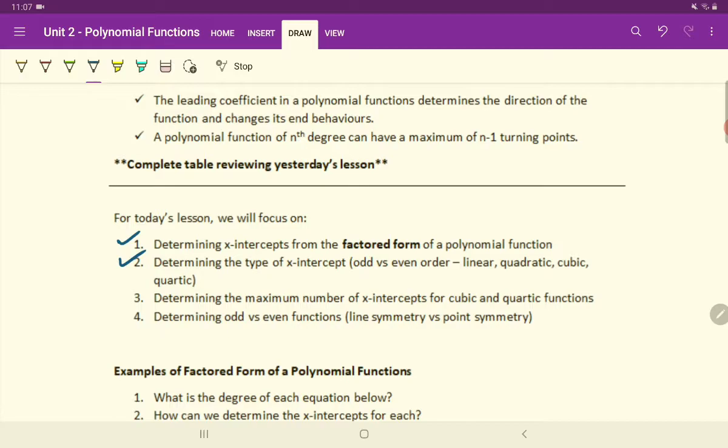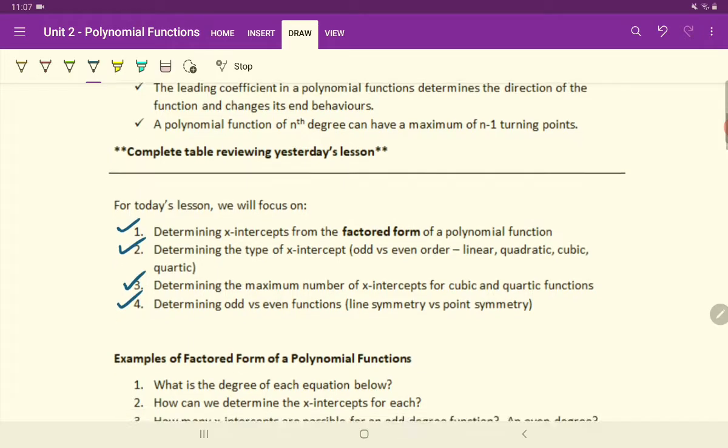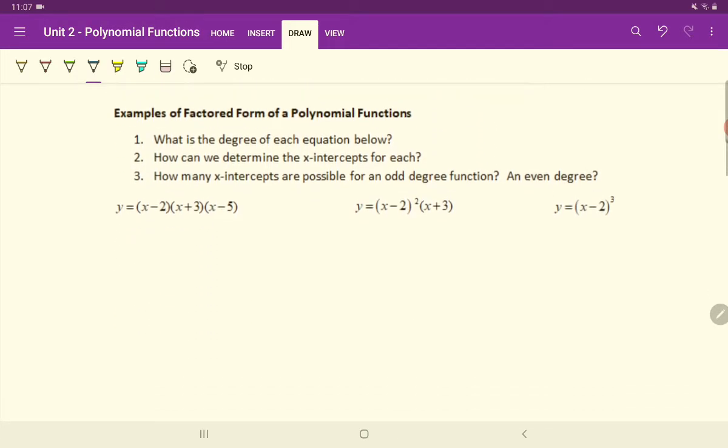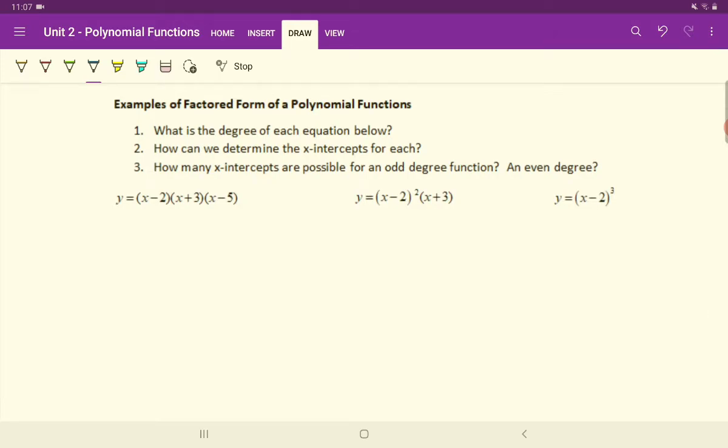We're going to be looking at linear, quadratic, cubic, and quartic functions again. Determining the maximum number of x-intercepts for cubic and quartic functions specifically, and then determining odd versus even functions. Okay, so we'll accomplish those 4 items. All right, so let's begin.